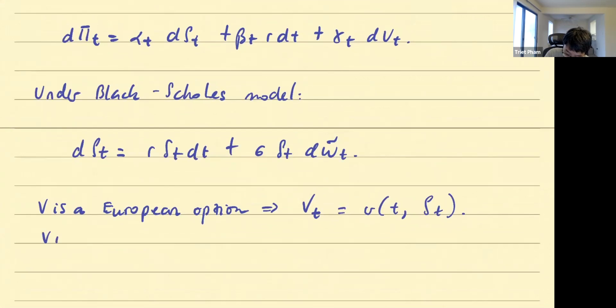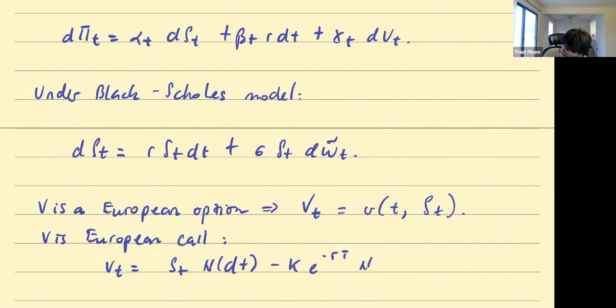And obviously, for example, in terms of Black-Scholes, if V is a European call, then V t is S t N d plus minus K e to the minus r T N d minus, for example. So the function is this function right here, where S t shows up here, and N d plus and N d minus.